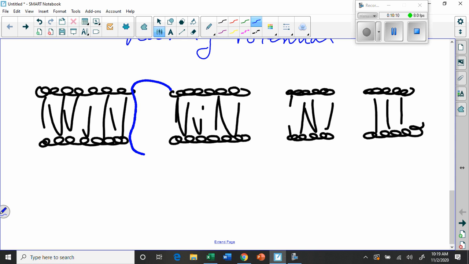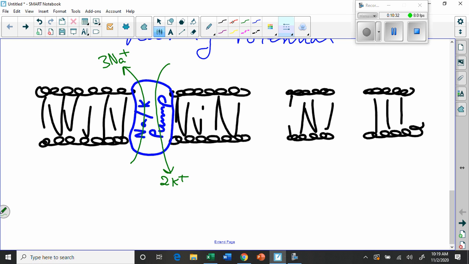There's our sodium-potassium pump. So I'm just going to write Na-K pump. And so we'll just remind ourselves of what it's doing. It's bringing 3 sodiums out, 2 potassiums in.